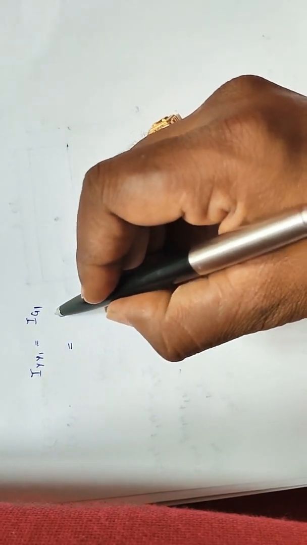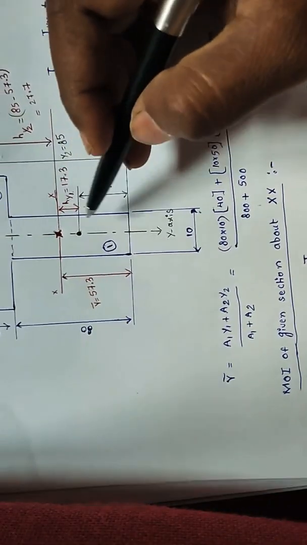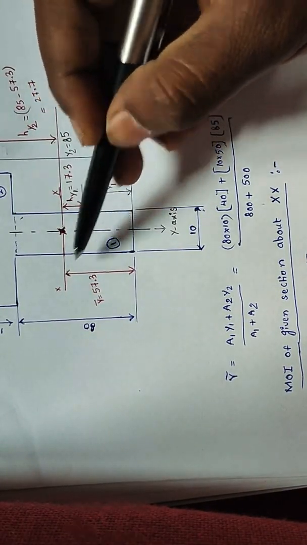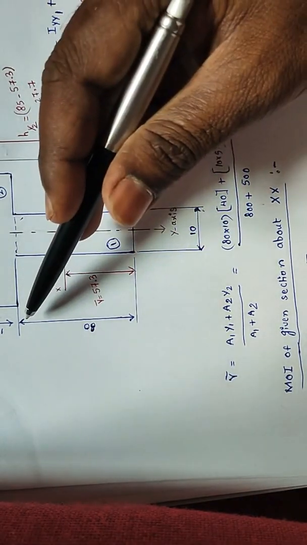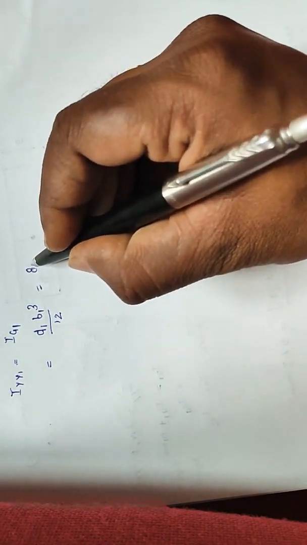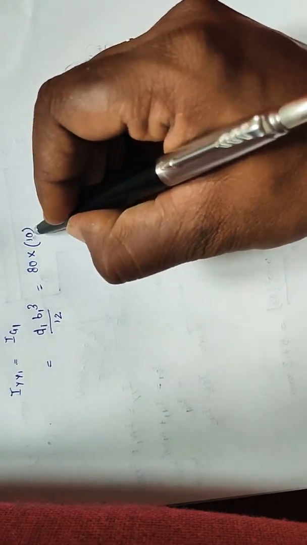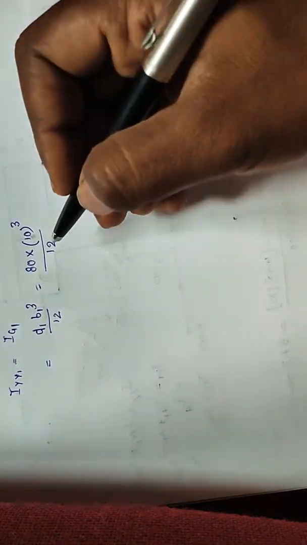So along y-axis, that's why the formula will become like this: d1 b1 cube by 12. So along this y-axis, this is the dimension. Along y-axis, the dimension is 80. So this one comes first, so that is depth 80. So remaining dimension is 10. For this 10 you are going to get cube, d1 b1 cube by 12.